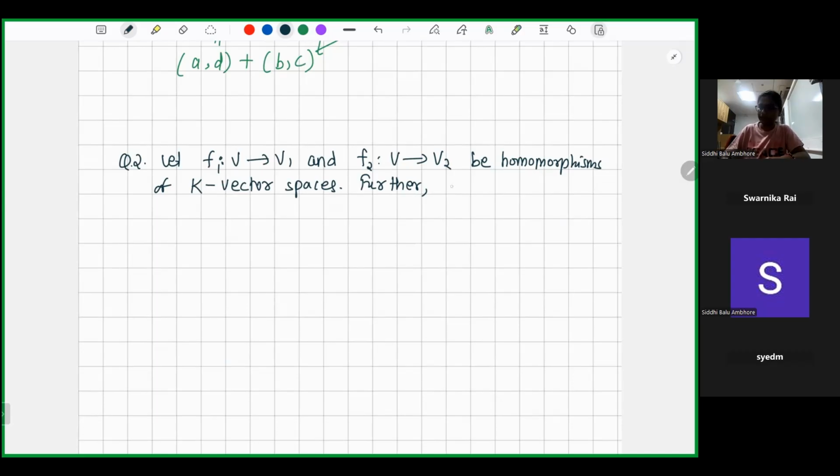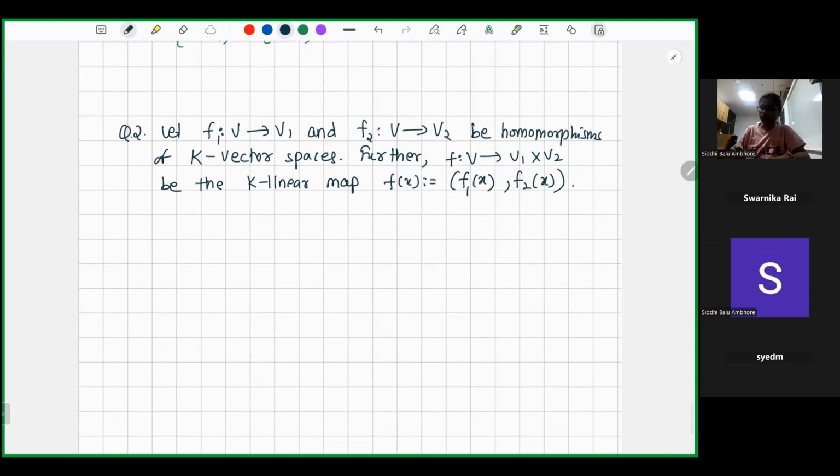Further we have this F from V to V1 cross V2 be the K linear map, and it is defined by f of x is equal to (f1 of x, f2 of x).